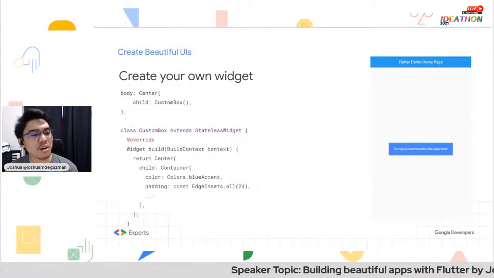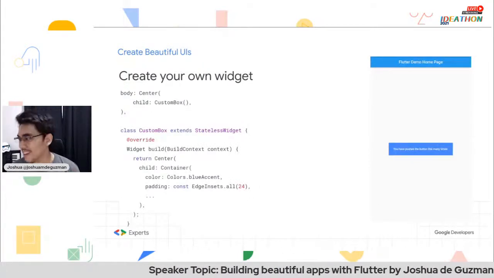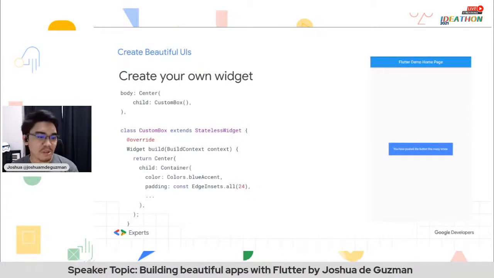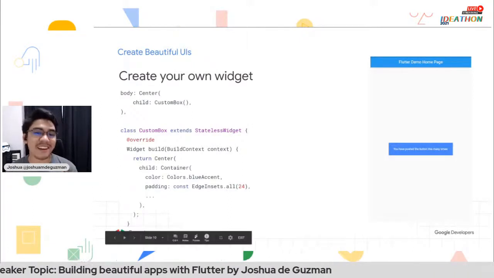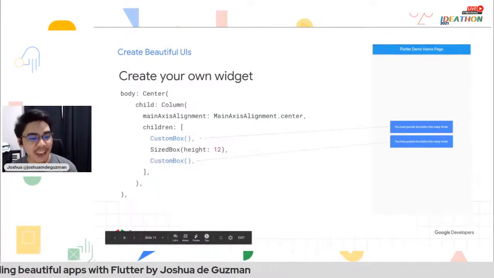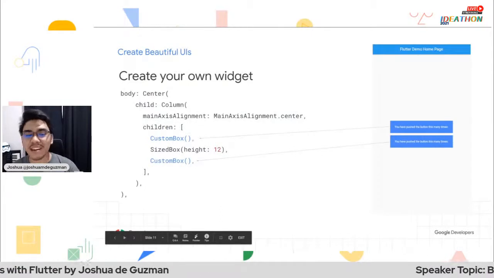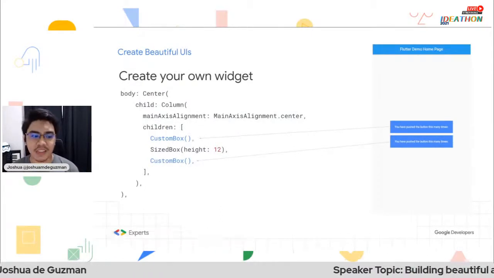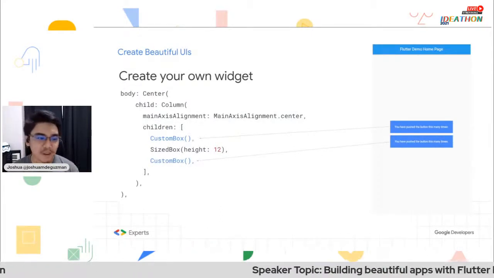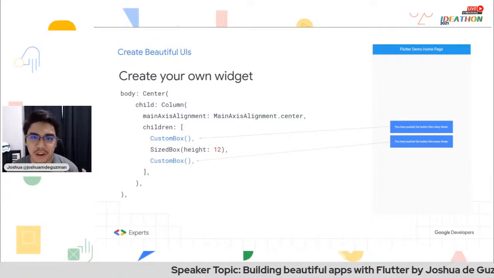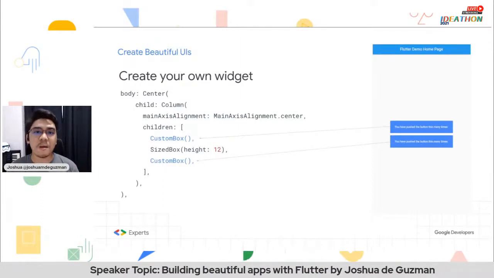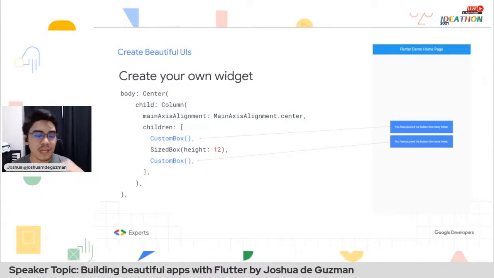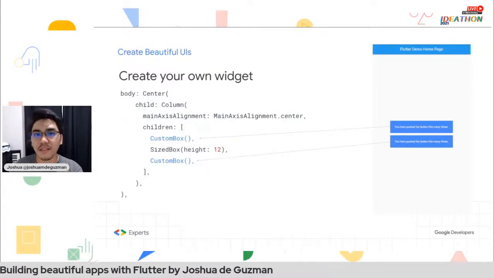For example, if I'm not using a custom widget, I would have to add a center widget here, and add it again at the bottom of the size box. With a custom widget, you can reuse it for most parts of the app, especially if you are following a design spec.